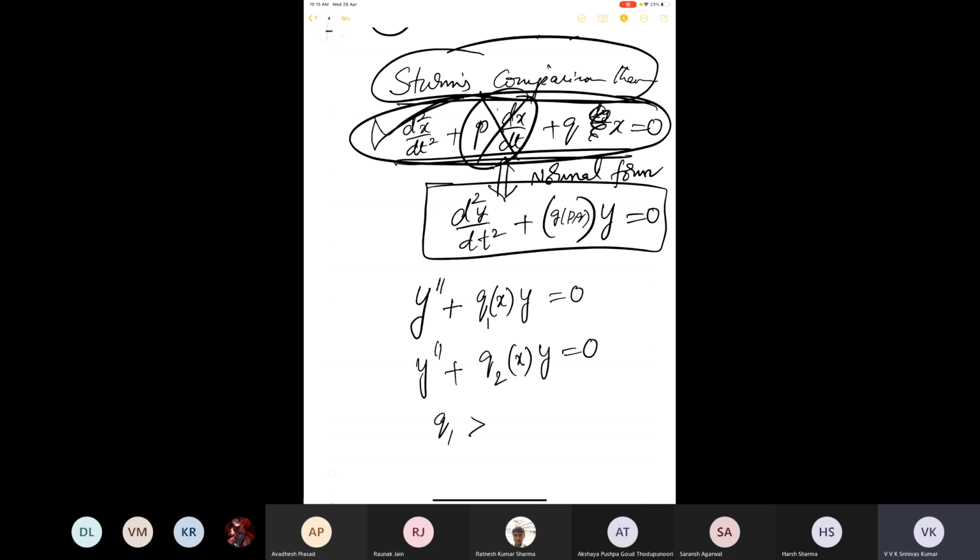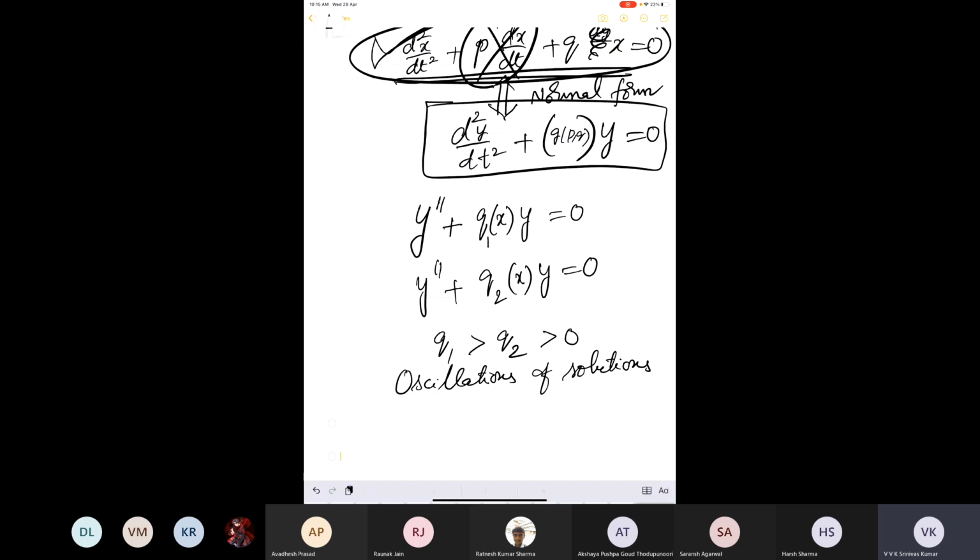If q1 is greater than q2 and positive, what can you say about the oscillations of the solutions?